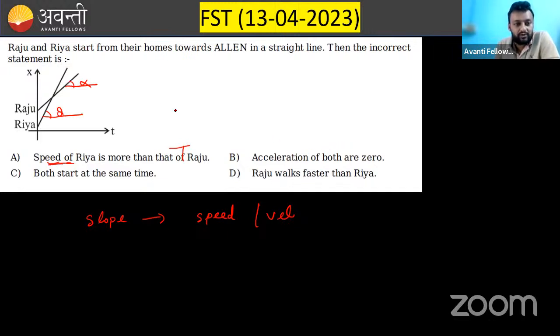Acceleration of both are zero because both these graphs are for constant velocity. So this statement is also true. Both start at the same time. This is also true. You can see both are starting at 0 time. Raju walks faster. In the first statement, we say that Ria is moving faster. So Raju cannot move faster. So that means D is the correct option because they are asking for the incorrect option. So which is option number D. Very good, Sushant.